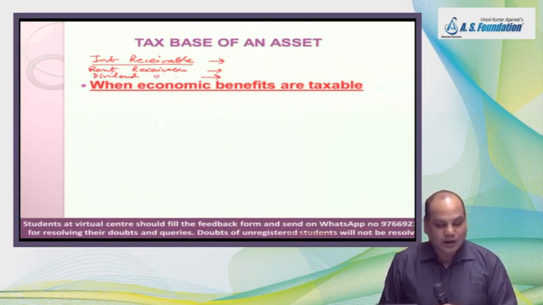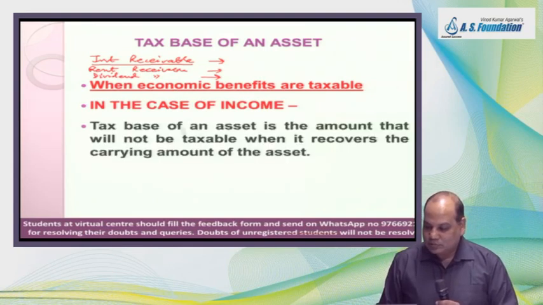So in this case, tax base is the amount that will not be taxable when it recovers the carrying amount of the asset. So little confusing. After reading liability, it will become more confusing.